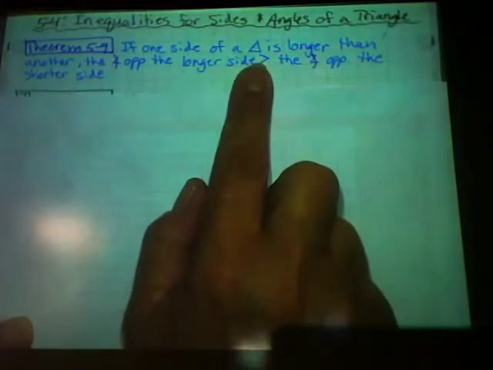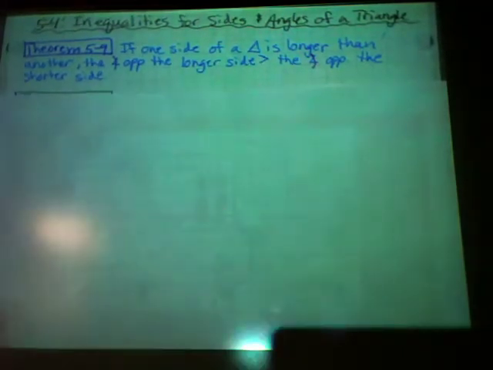So the angle opposite the longer side is greater than the angle opposite the shorter side. I will look at a couple of those examples here in a minute.